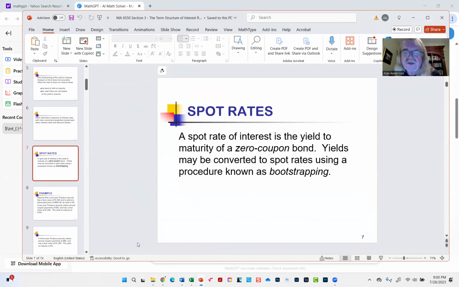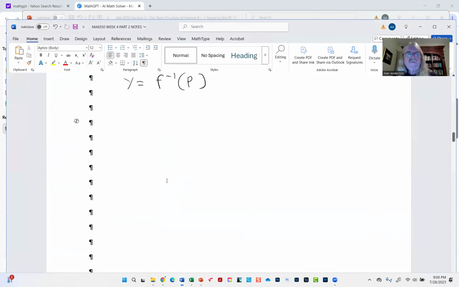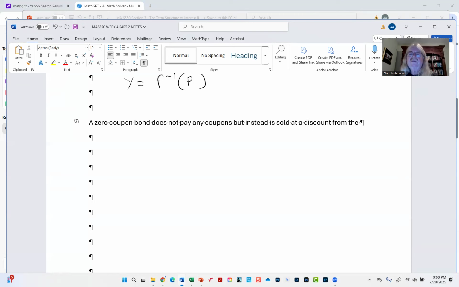So let's go back and review that for a second. A zero coupon bond does not obviously pay any coupons, but instead is sold at a discount from the face value, and then redeemed at the full face value.